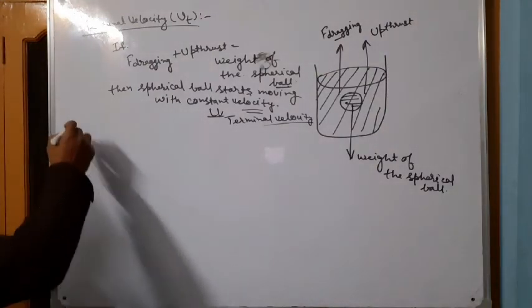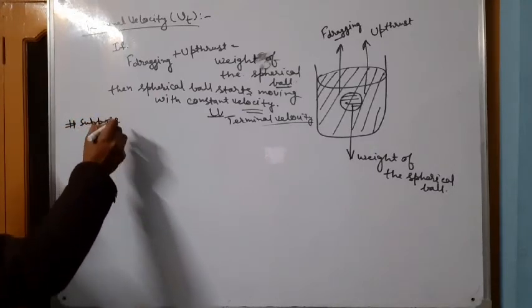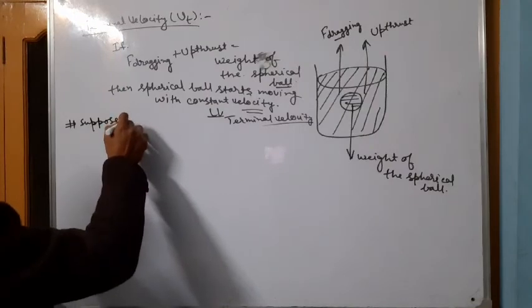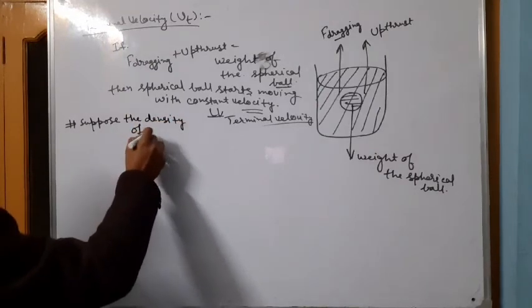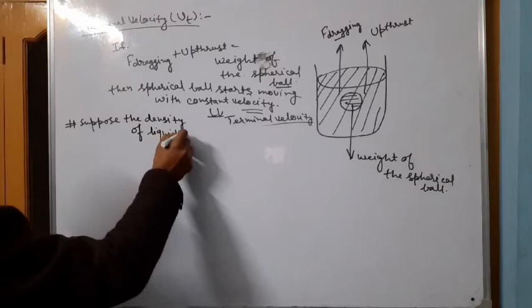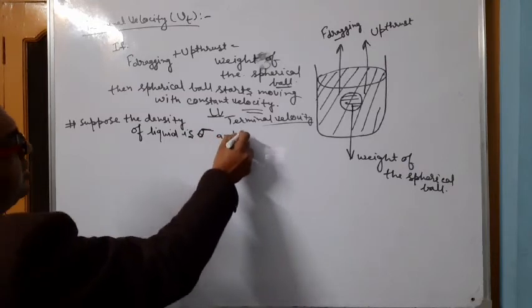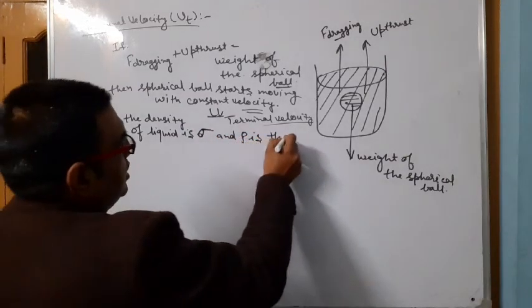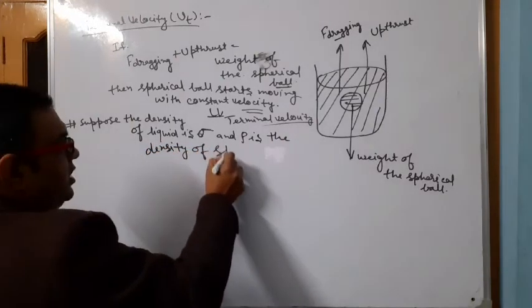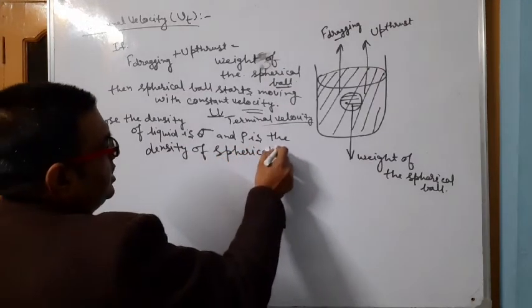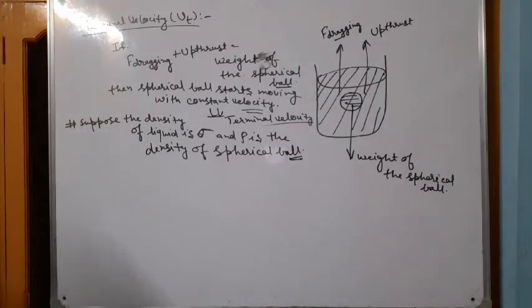For this, suppose sigma is the density of the liquid, and rho is the density of the spherical ball.